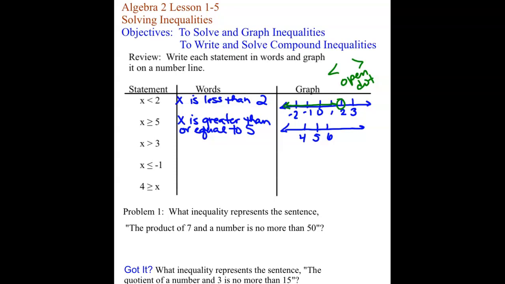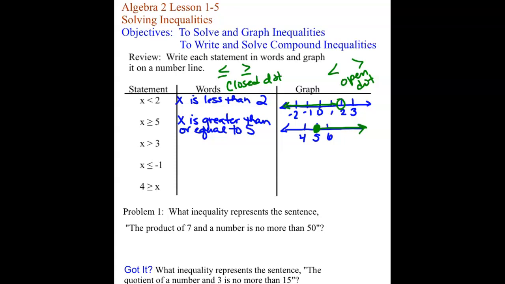In this case, since we can equal 5, we use a closed dot, and then we want to shade all of the numbers that are going to be greater than that 5 or bigger than 5. So if you have less than or equal to or greater than or equal to, you're going to use a closed dot on your graph.